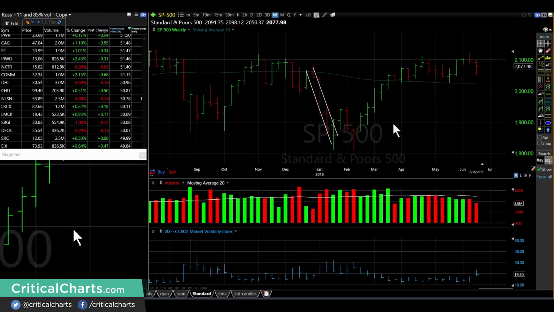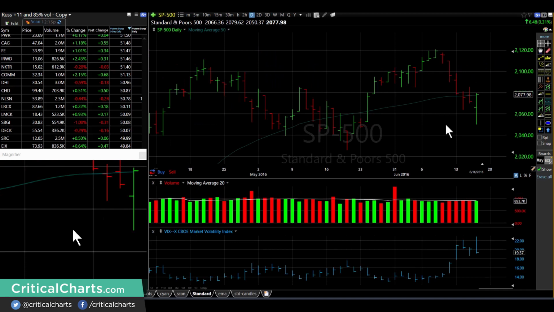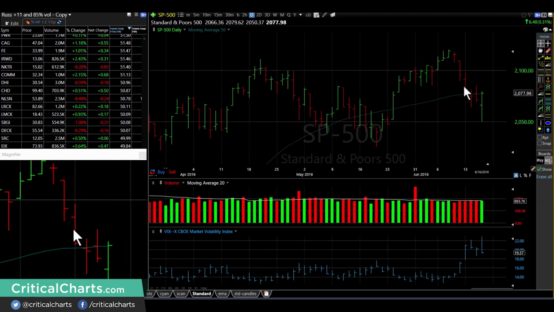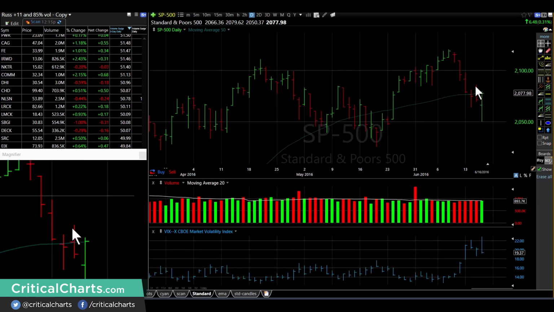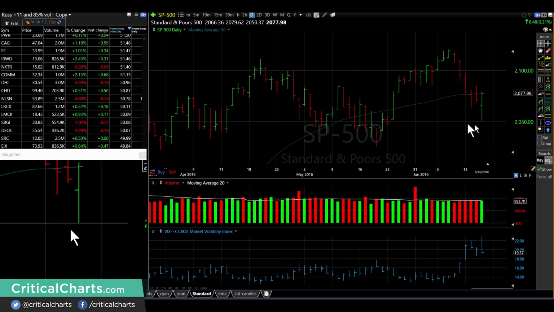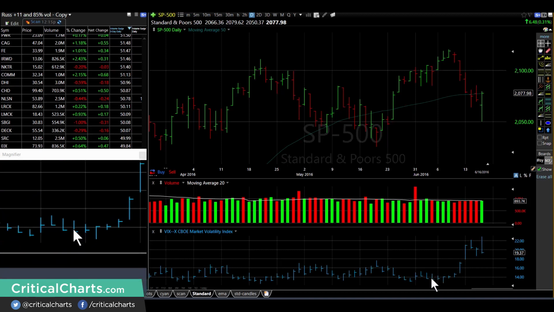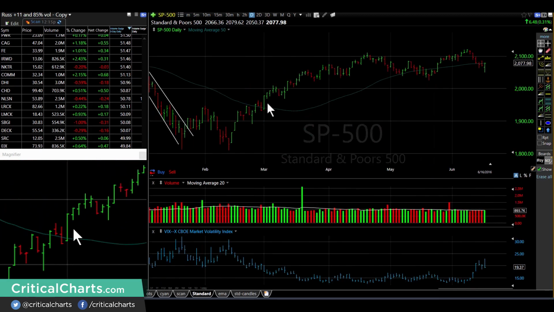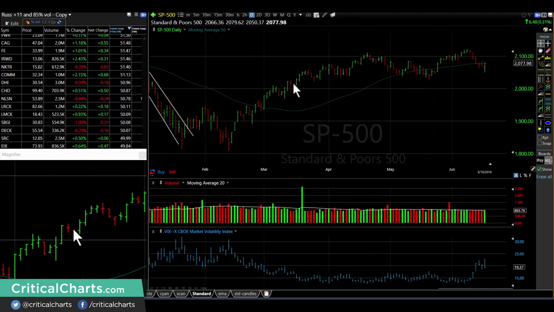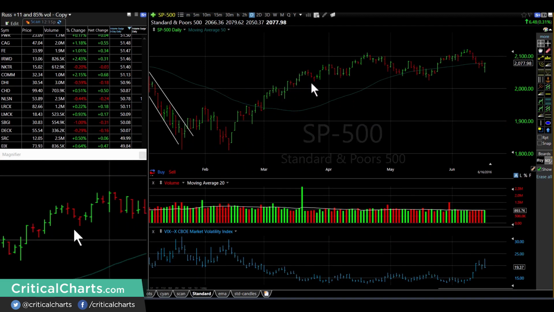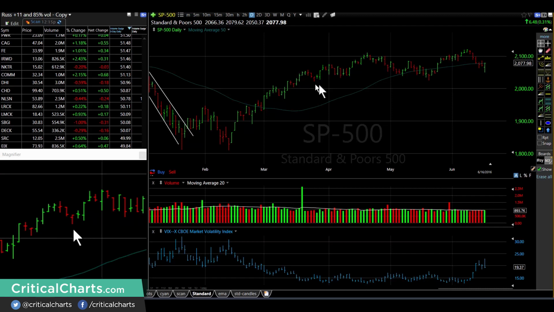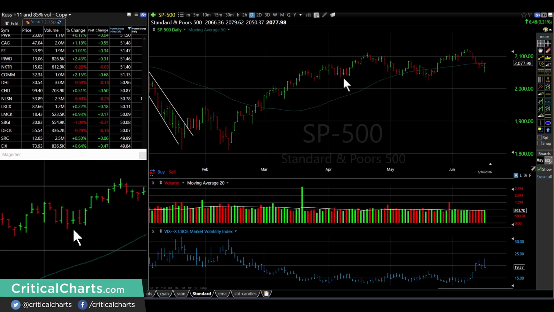If you're looking at the S&P on a day-to-day basis, the higher the VIX, the more whipsaw action you'll get. If the VIX is low, you typically will just get little action to the upside, little movements, but you don't usually get a lot of whipsaw action. That is just because there's less fear in the market.